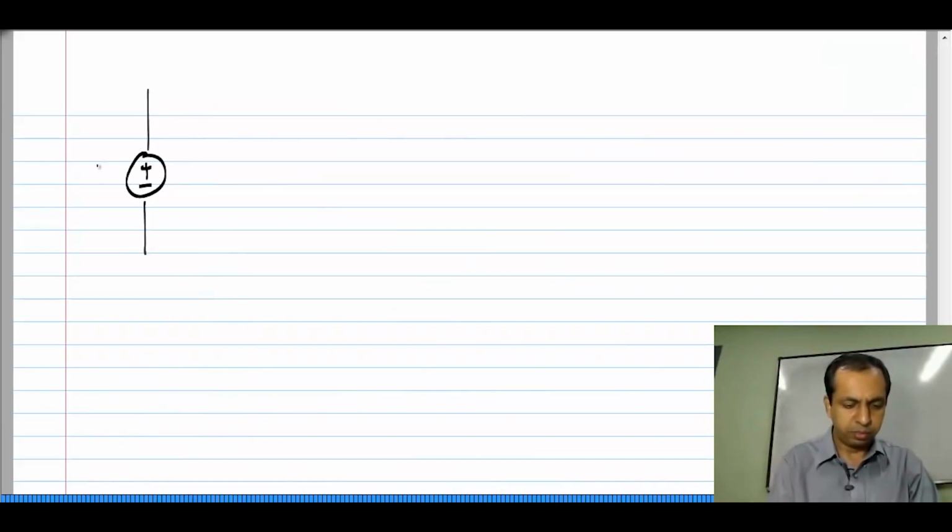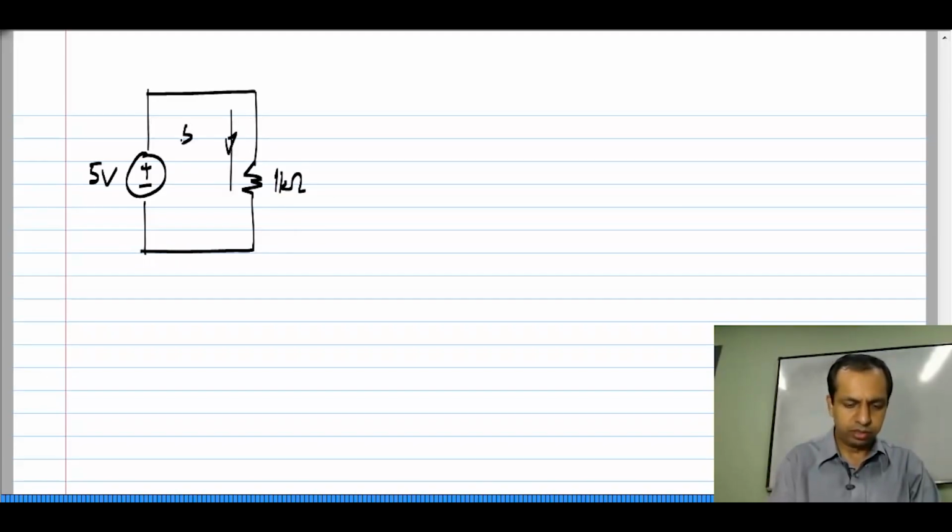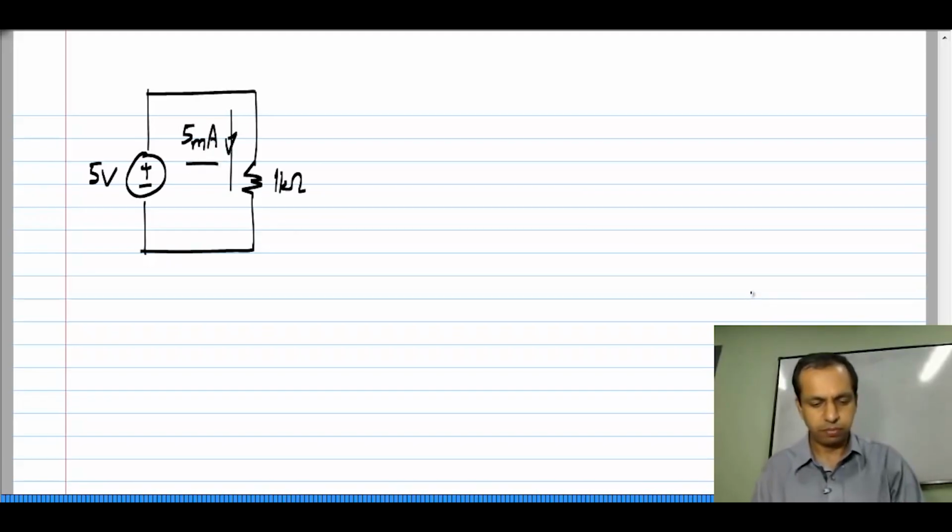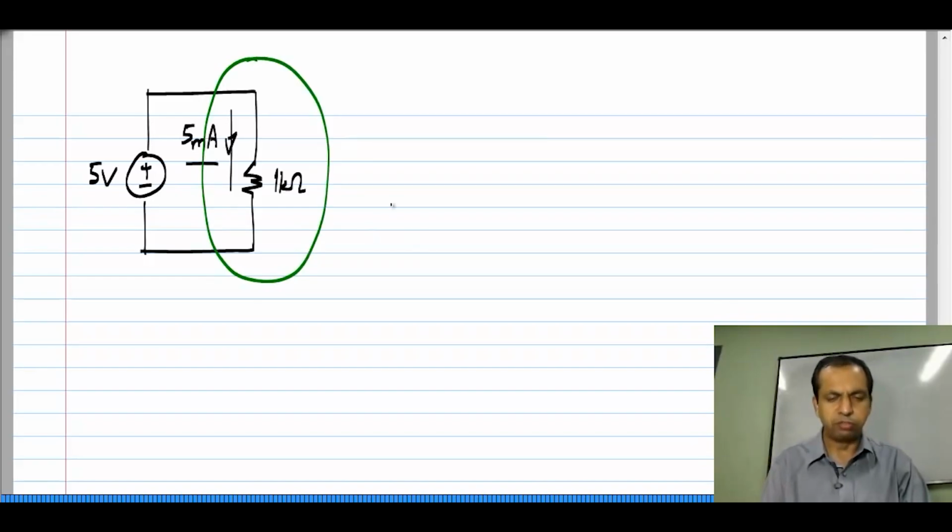First, let me take an extremely simple example. Let us say I have 5 volts and 1 kilo ohm. Then clearly we know that 5 milliamp flows through this resistor. Now, let me substitute this resistor. What should I substitute it with?